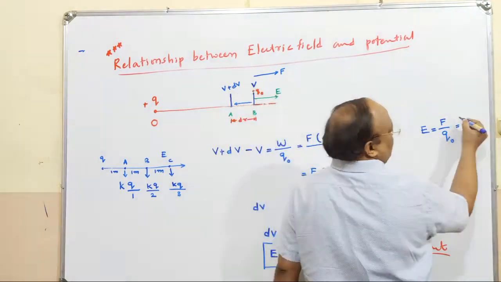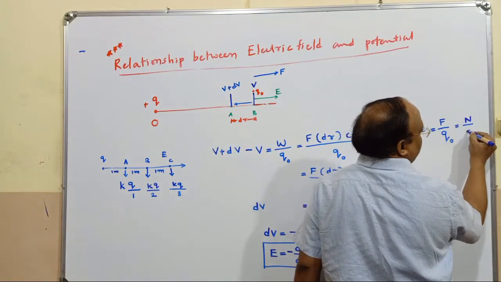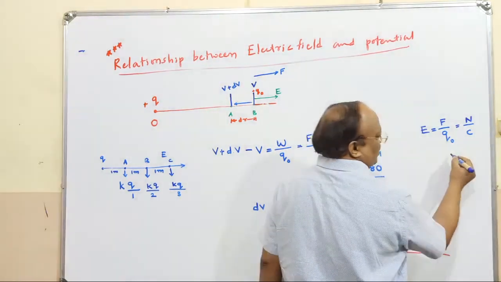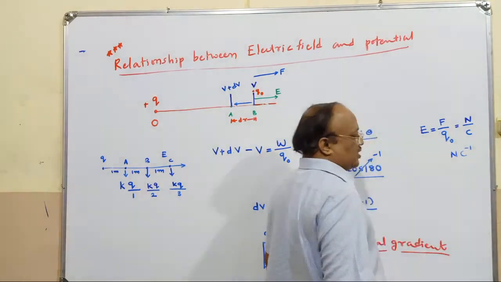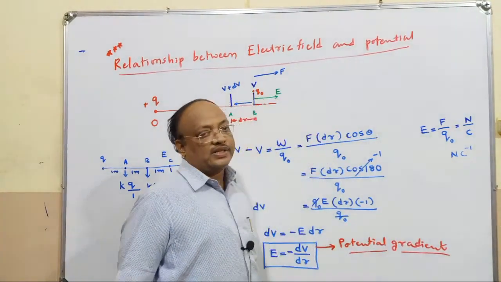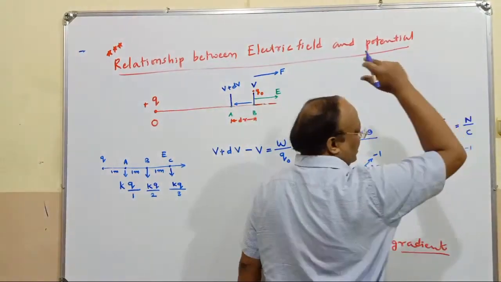Because of force it is Newton, and because of a charge it is Coulomb. So Newton per Coulomb. The SI unit of electric field is Newton per Coulomb from the basic definition of the electric field.